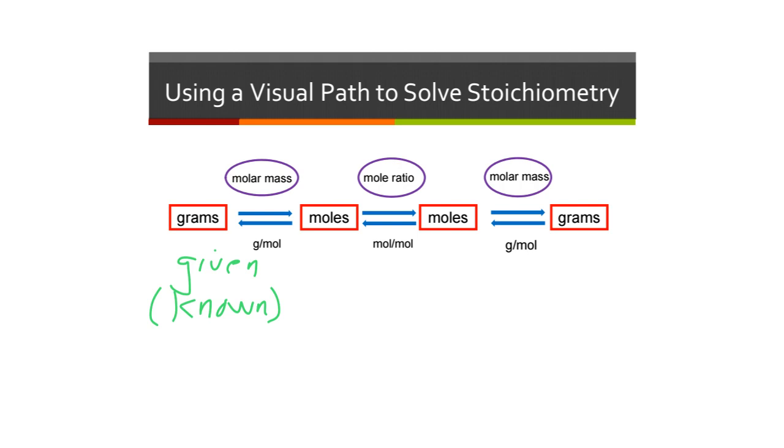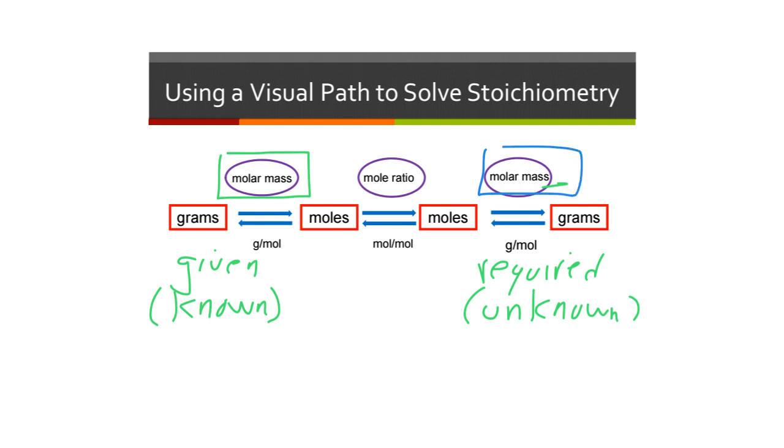Lastly, we find the mass of our unknown or our required compound. To go from moles to grams, once again, we need to use the molar mass. However, it is important to note that these two molar masses refer to different compounds. This is the molar mass of our given or known, and this is the molar mass of our required or unknown compound.